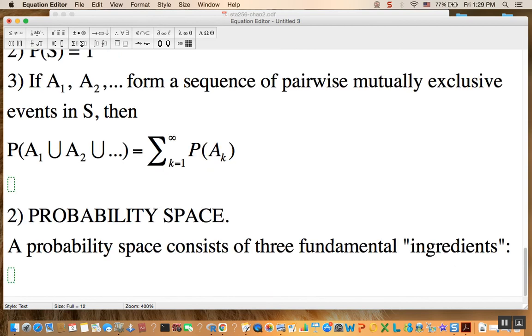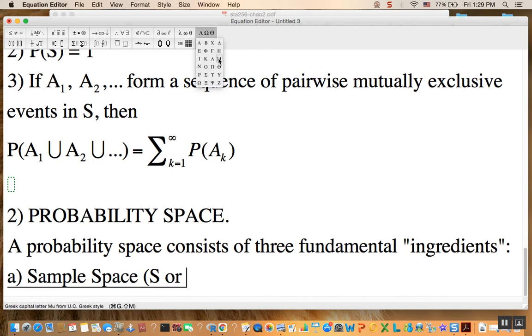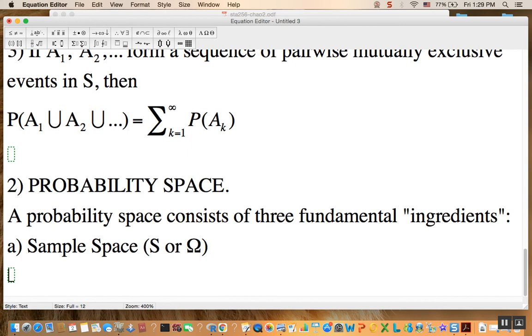And they are: 1, the sample space, S, or remember we also use the capital Greek omega to refer to the sample space. 2, the Borel field.